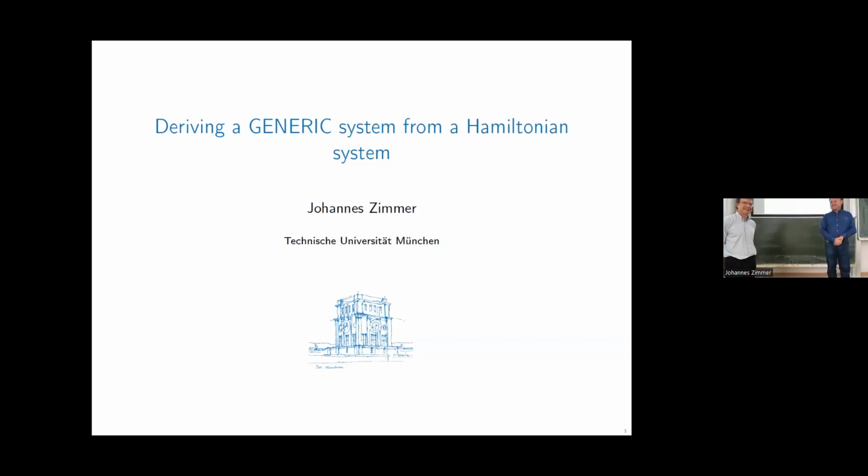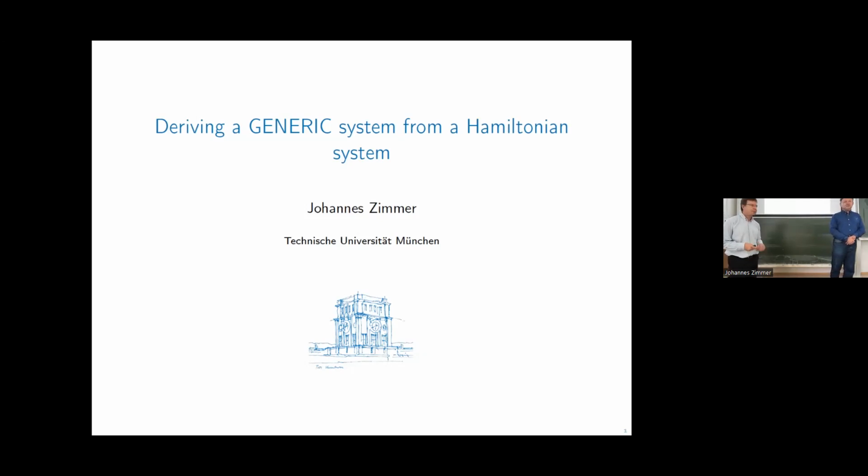So Johannes got his PhD in 2020 from the Technical University of Munich, and then he went for more than 3 years to Caltech, to the group of Kaushik Bhattacharya. Afterwards, he was a postdoctoral fellow at the Max Planck Institute for Mathematics in the Sciences in Leipzig.